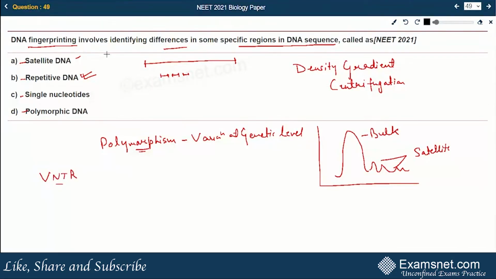What is VNTR? It means variable number of tandem repeats. And what is variable number of tandem repeats? It is a satellite DNA which is used as a probe that shows a high degree of polymorphism. So I hope you understood this.